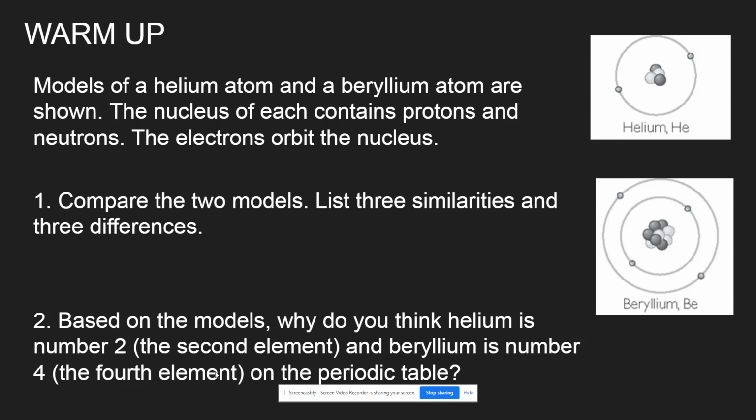Okay? So I'm going to talk about the similarities. Some things that I can see that are similar: they both have a nucleus, and we see two different colors of spheres inside of the nucleus. They both have electrons outside of the nucleus.